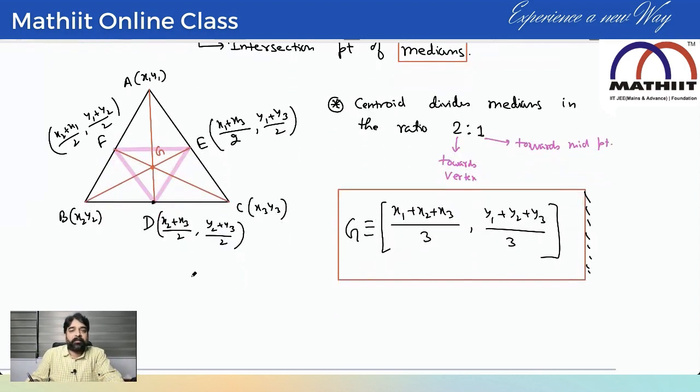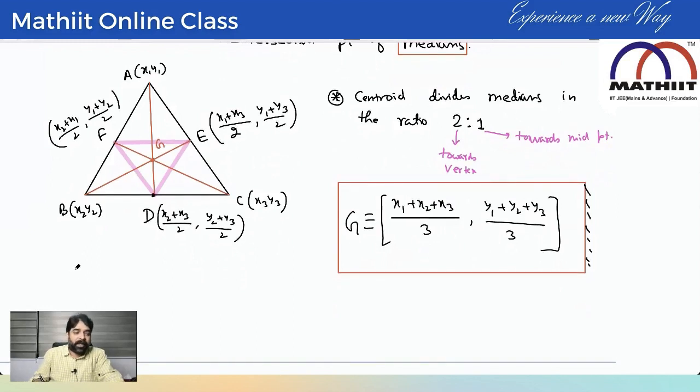This is the smaller triangle. So what will be the centroid? The centroid will be the sum of all the abscissa. If you add this, watch it: (x1 plus x2) by 2 plus (x2 plus x3) by 2 plus (x1 plus x3) by 2. 2 will be the LCM. And in the numerator, x1 will come how many times? 2 times. 2x1 plus 2x2 plus 2x3. So the 2 will get cancelled, all divided by 3.